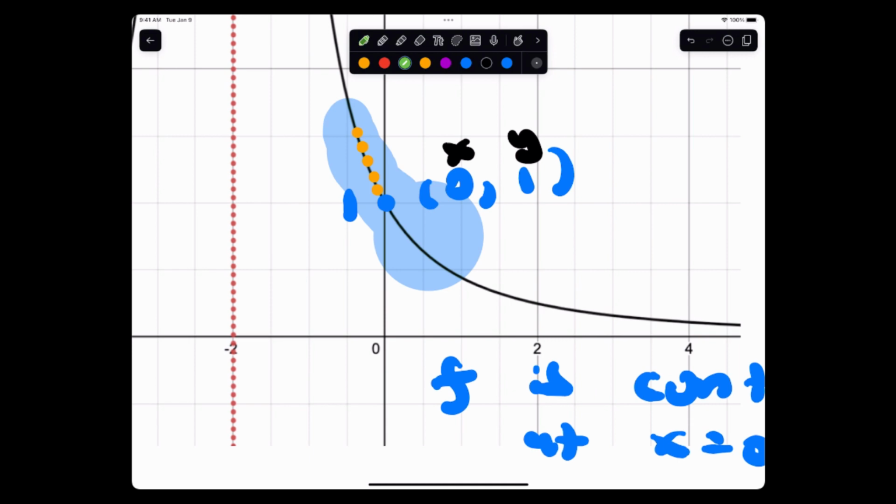You're both approaching what? 1 as a y value from both directions, from the left and from the right, and more importantly, it equals the value of the function. And that's it. Your approach is the same as the value of the function. That's called being continuous at the point.